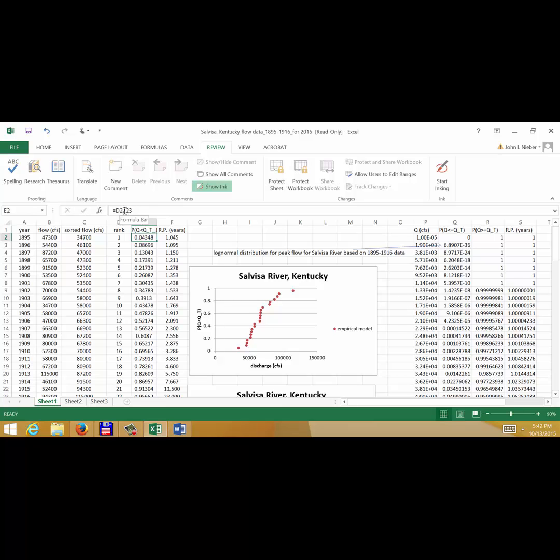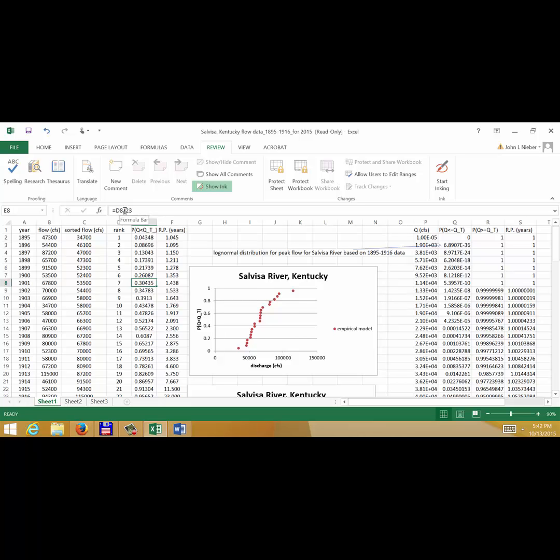So this plot here, the Salvisa River, Kentucky plot, which has the probability that Q is less than QT versus the individual discharge, has these red plotted points. It kind of looks like an S-curve. If you were to sketch through that set of points, it would have the shape of an S-curve, ideally.